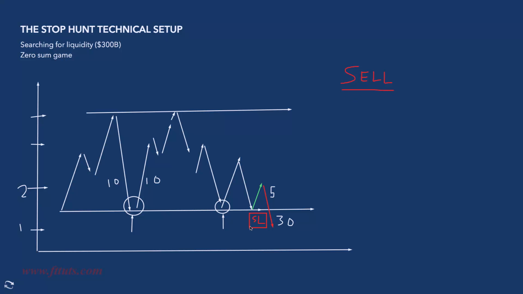Selling. So again, the financial institutions can buy in the face of selling. So that's more sell orders being drawn into the market, more liquidity for the financial institutions to be able to buy.